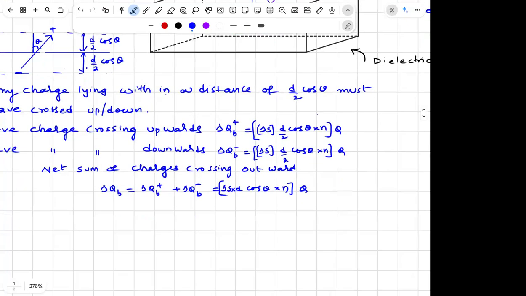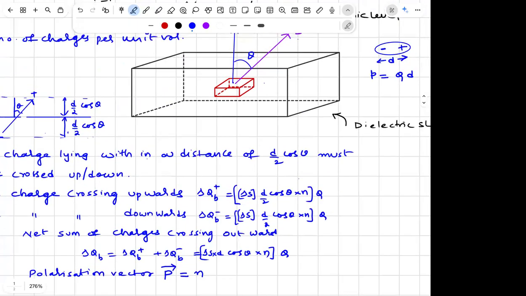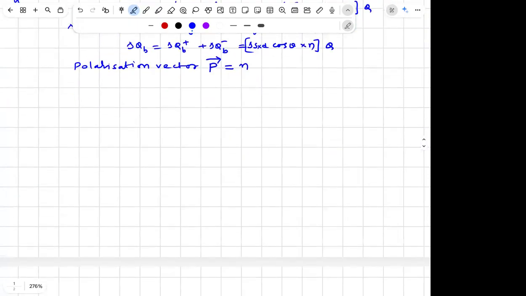Now I know very clearly the polarization vector. The polarization vector P bar is N. It is in which direction? Direction of the electric field, actually.